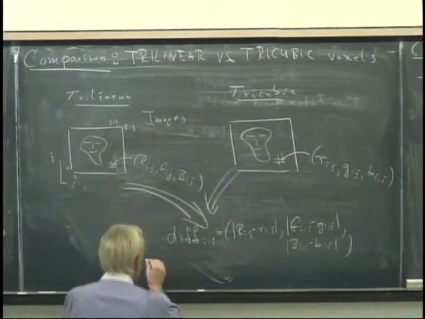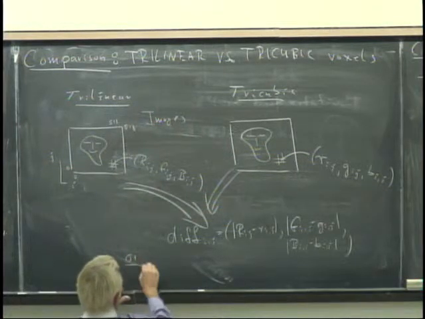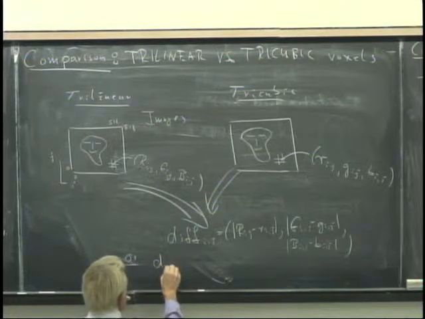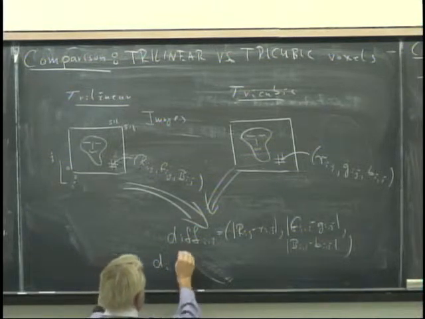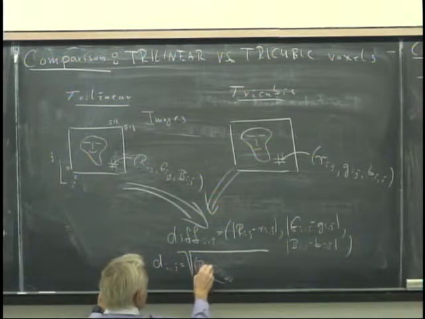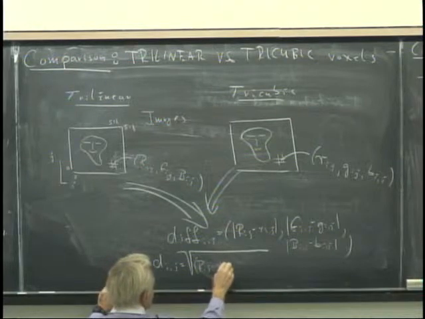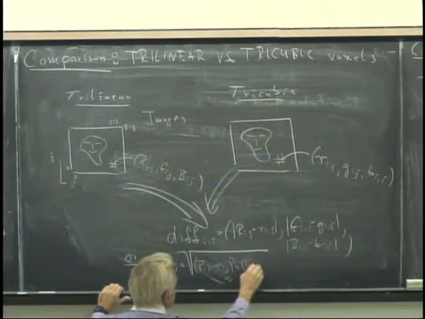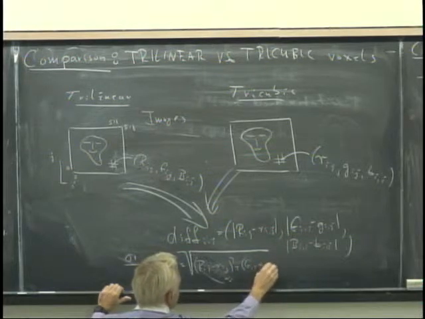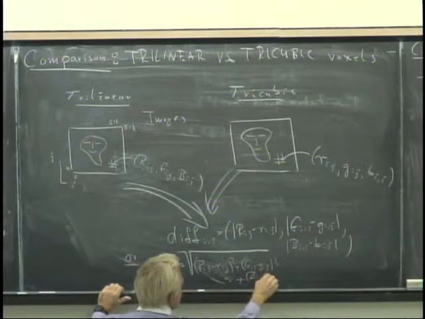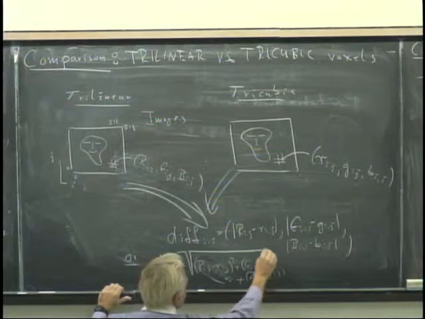Or you can just say the difference d_ij is the square root, the length of this difference vector, of (R_ij minus r_ij) squared plus (G_ij minus g_ij) squared plus (B_ij minus b_ij) squared.